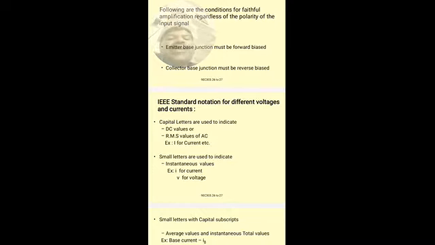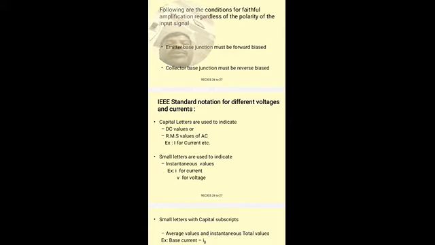Capital letters are used to indicate the DC values and RMS values of AC current, capital I for current and capital V for voltage.